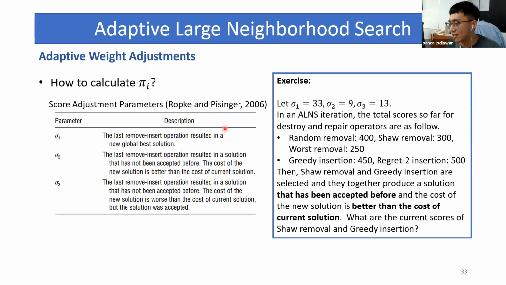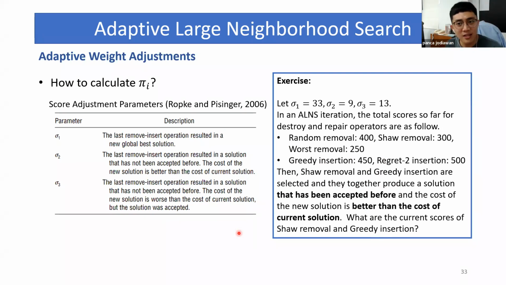So that's the answer. Based on this table, the current scores are still the same. Okay, plus 9. Yeah, that's right, Dr. Wira. So if we do not consider this one, we need to add 9.